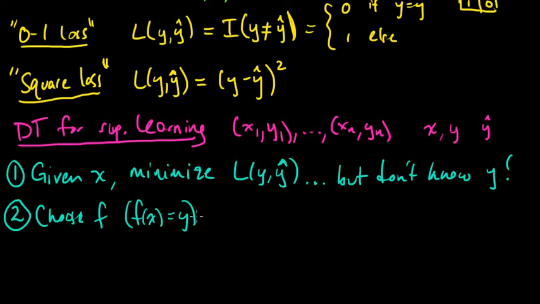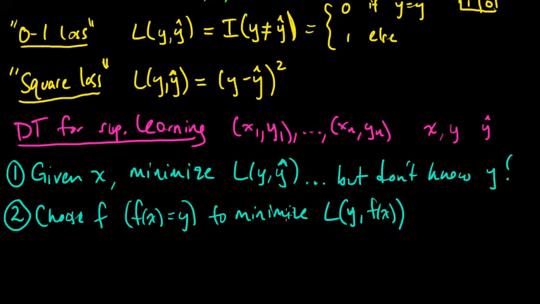It's going to take x's to y's, and we have to choose some f to minimize our loss of f of x, but we don't know what x's we're going to be asked for.